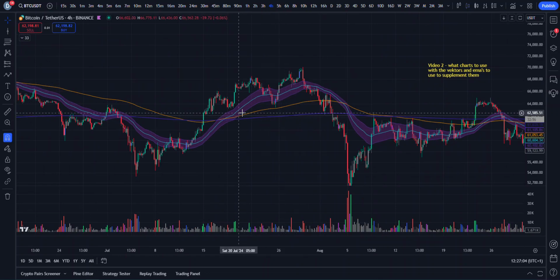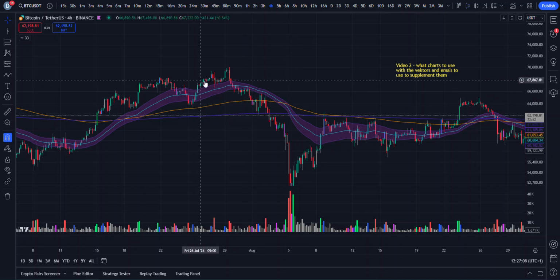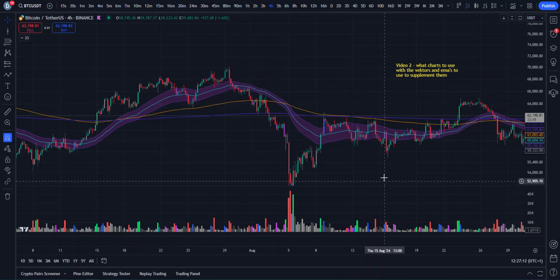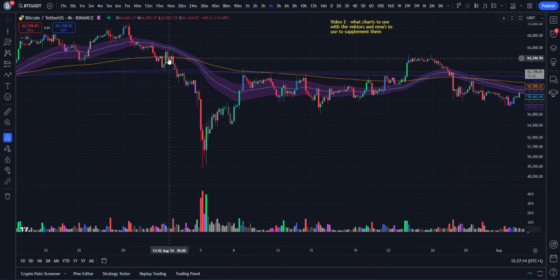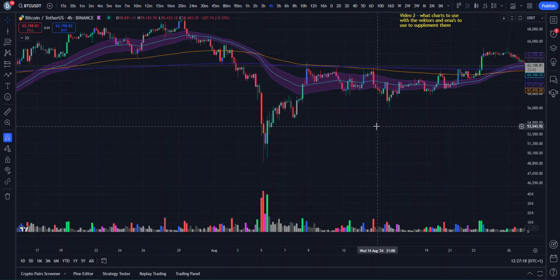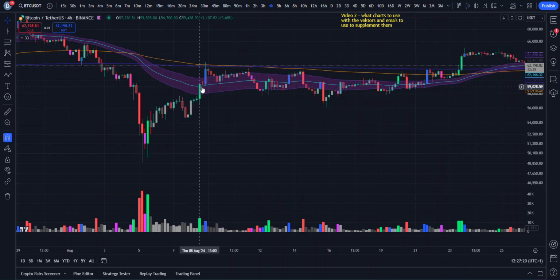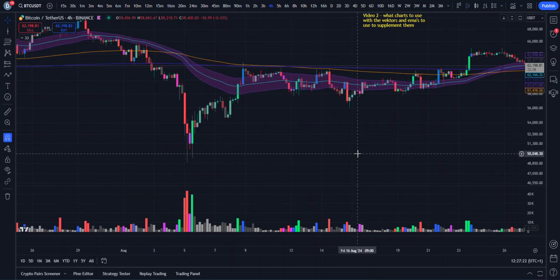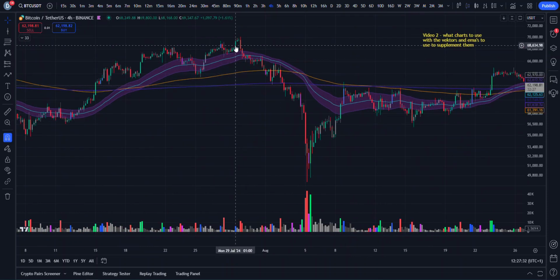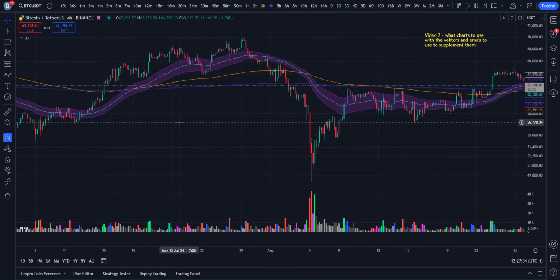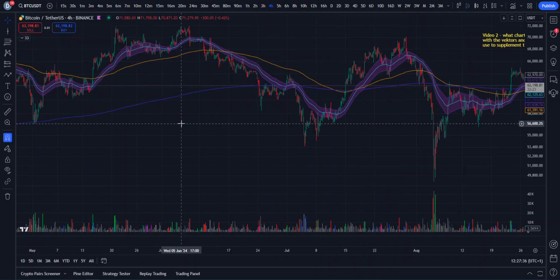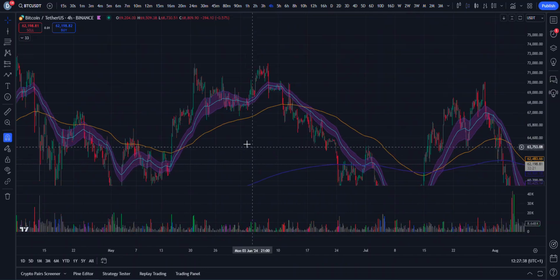We didn't get it here. An M formation is basically just a lower high. So you're looking for a break of market structure and a lower high. And in a downtrend, when you're looking for a long reversal, you're looking for a break of structure and a higher high. Obviously not too clean an example here of an M. I might just scroll back to see if we did have one a bit further back.